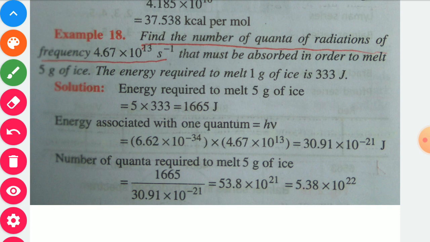On solving, that will be 53.8 into 10 power 21, which in scientific notation is 5.38 into 10 power 22. So 5.38 into 10 power 22 quanta will be required to melt 5 gram of ice.